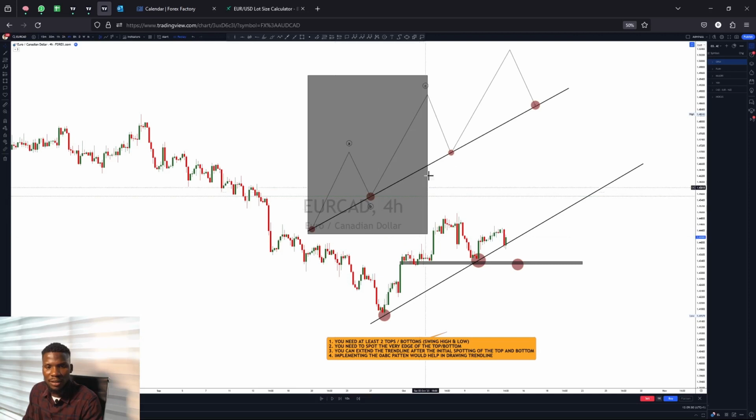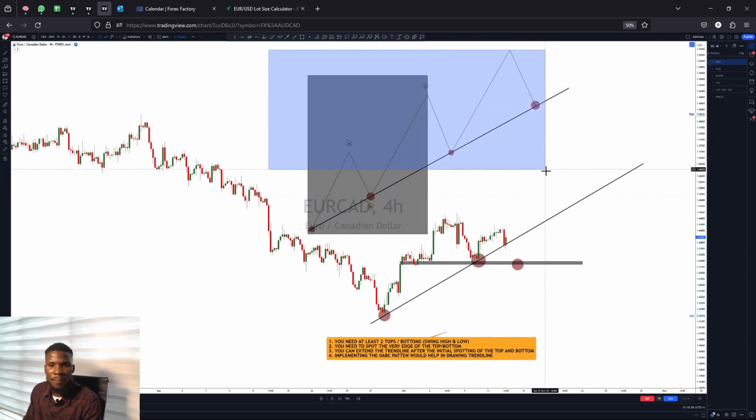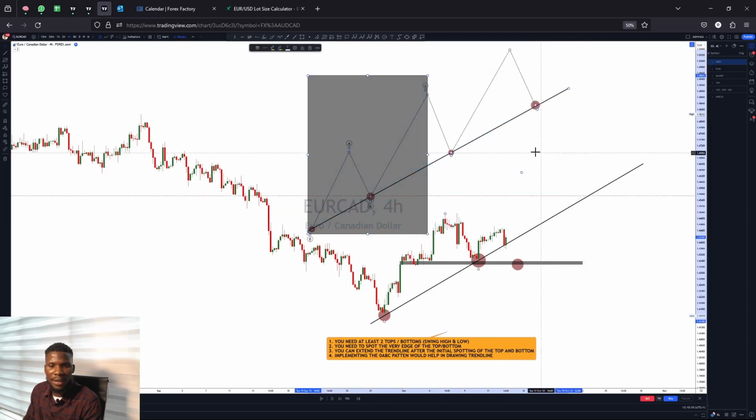So I'm going to drag this a little bit upward. Let me see if I can drag it up. Is it all selected now? Let me see if I can select this also. Oh no. Yeah, I think everything is selected now.